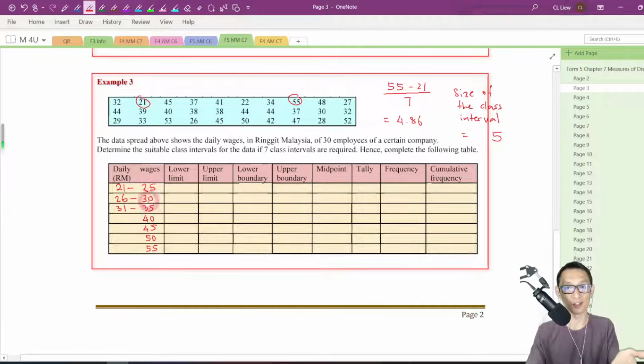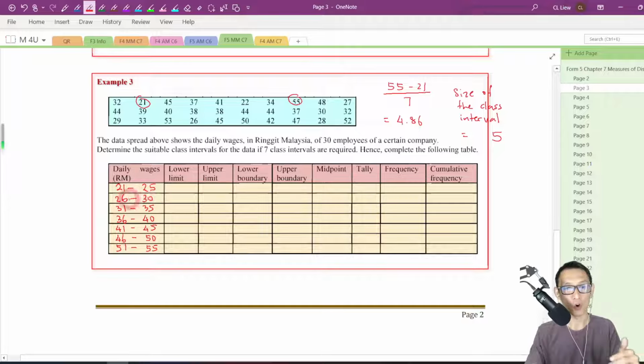Okay, so these are all the upper limits of the class intervals. Now let's go to the lower limit. 31 plus 5, 36, 36 plus 5, 41, 46, and 51. This is another way to help us determine the lower limit and the upper limit for each class interval.